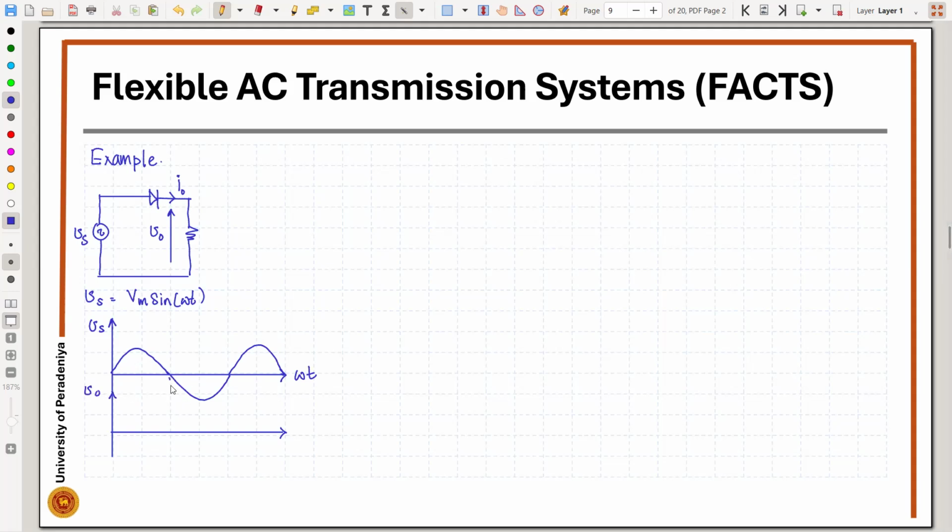So what would be Vout and Iout for this case? Can you draw the Vout and Iout? And then we will consider the circuit with the thyristor.